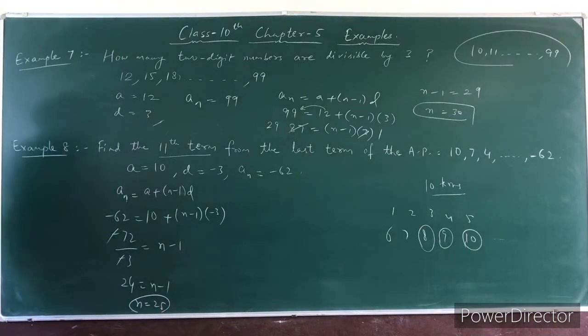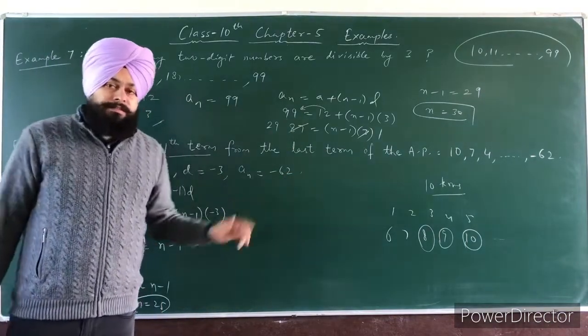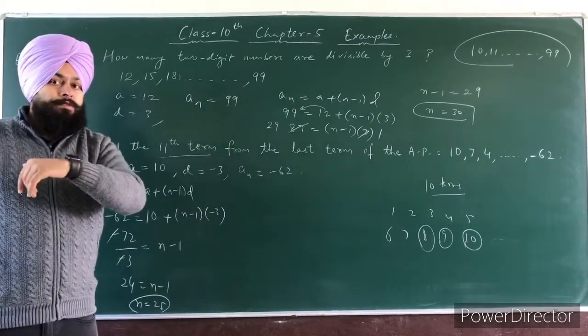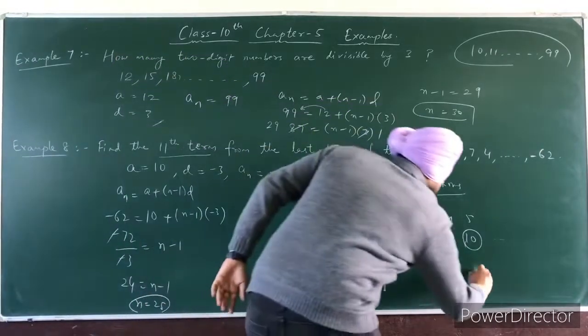So now you will find the 11th term from the last term, and the last term is your 25th term. So the 11th term from the 25th term is which one? See here.